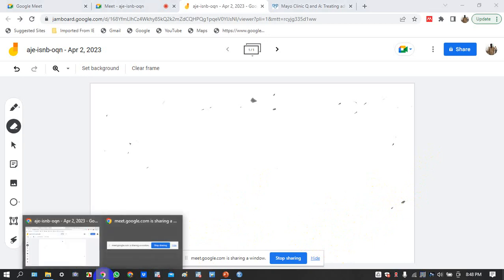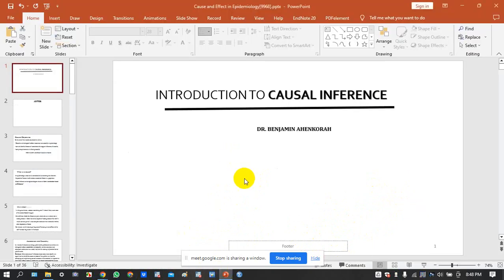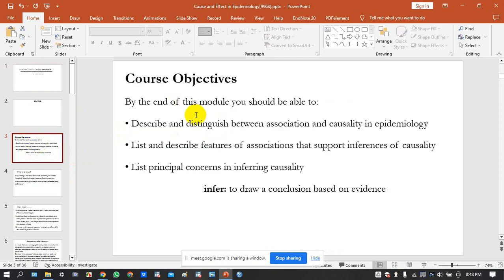So let's go back to our presentation now. I guess you can see my screen now. Introduction to causal inference. I guess you can see the objectives.